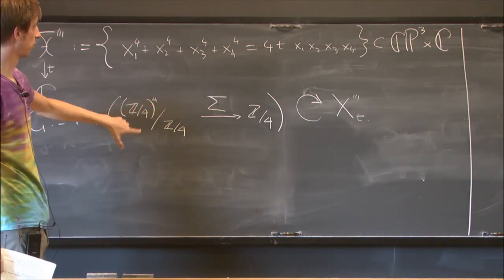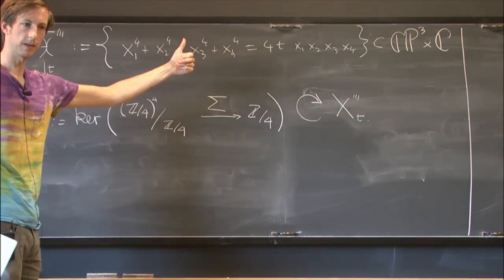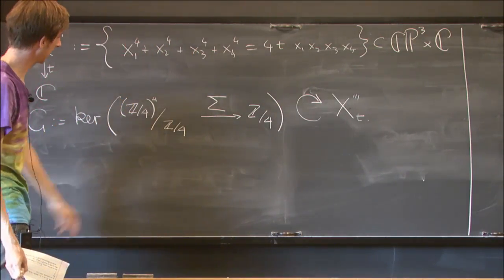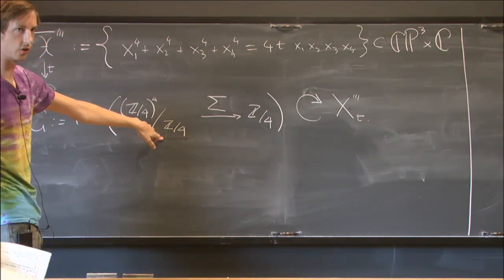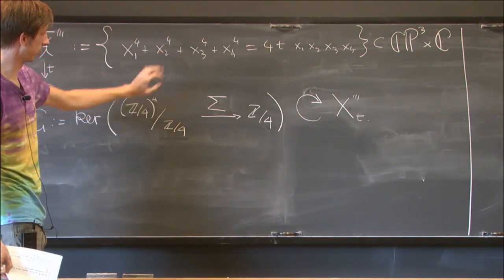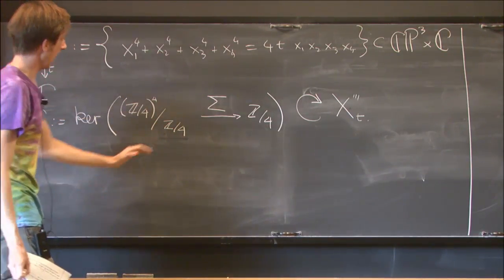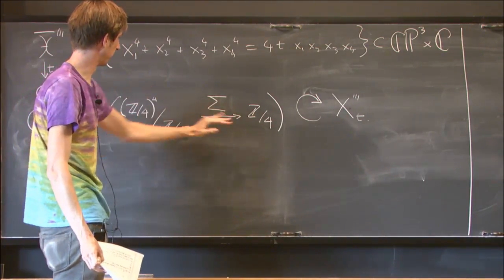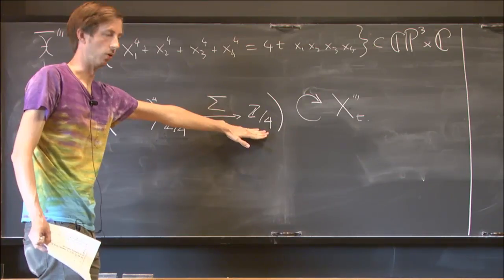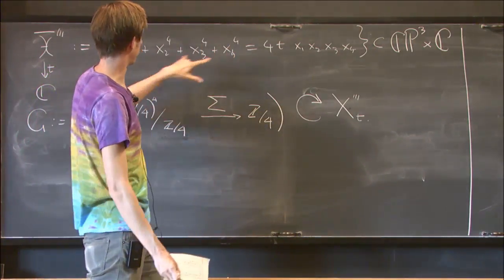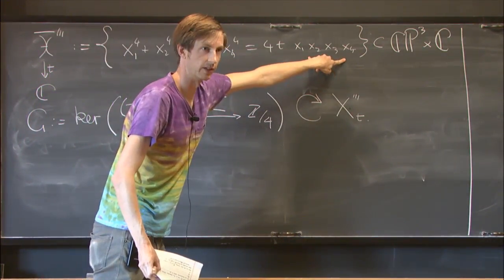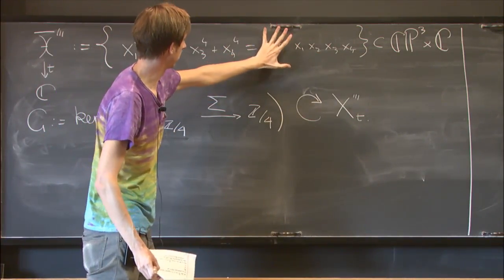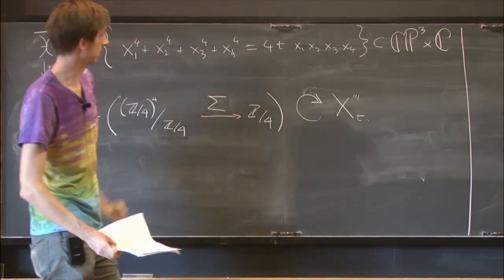Z mod 4 to the fourth acts on CP3 by multiplying the homogeneous coordinates by powers of i. The diagonal action is trivial, so this quotient also acts. And now we're going to look at everything in this group where the sum of the four elements is 0 mod 4. Those are the ones that preserve this monomial. So this whole group preserves the fibers in here.